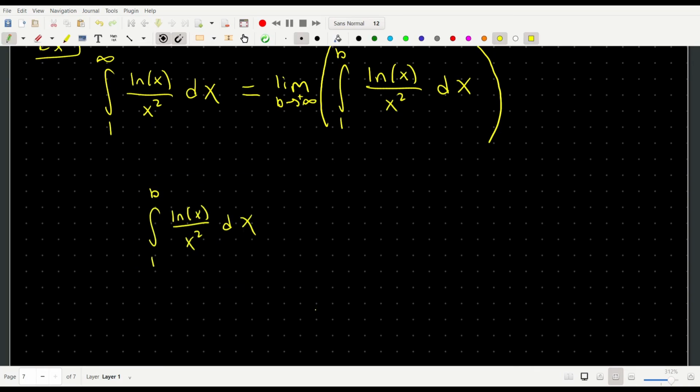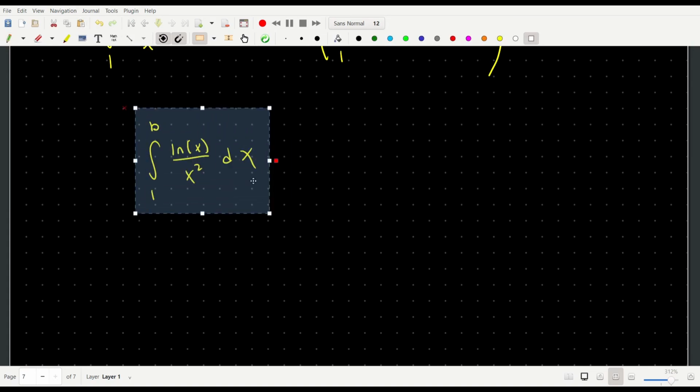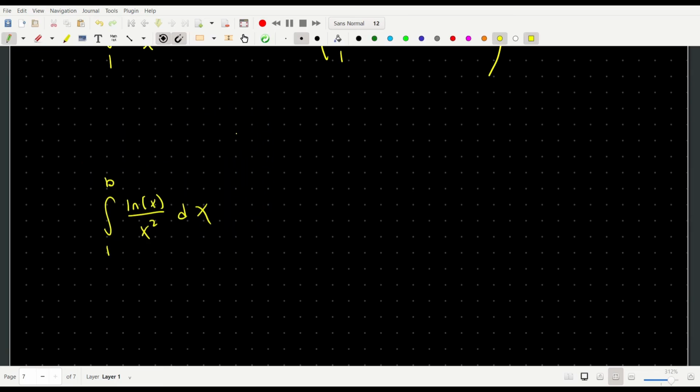But for our integration by parts here, this essentially consists of choosing a U and a dv to apply the integration by parts formula that the integral of U dv will always be equal to U times V minus the integral of V du. This is the integration by parts formula that you might remember from your Calculus 2 class, or you should remember from your Calculus 2 class.